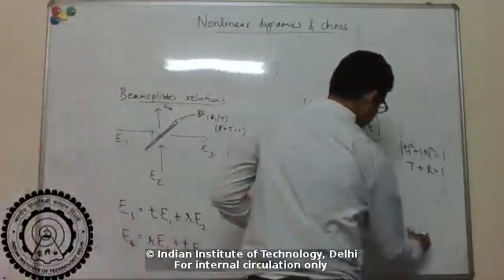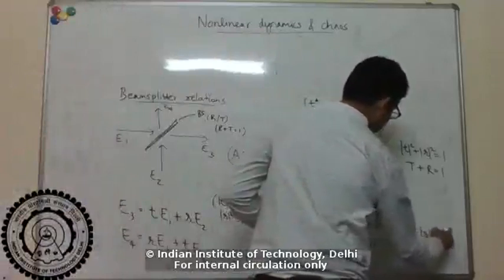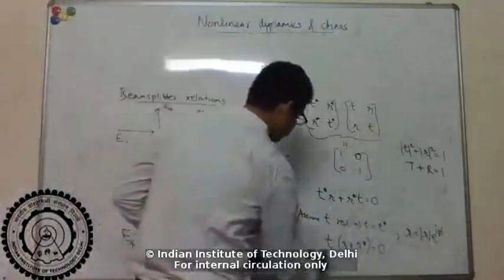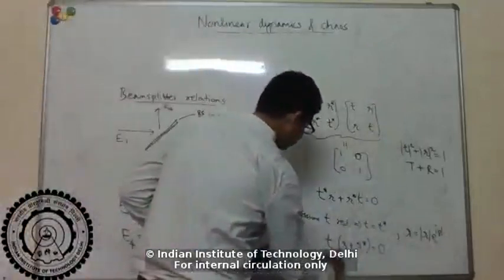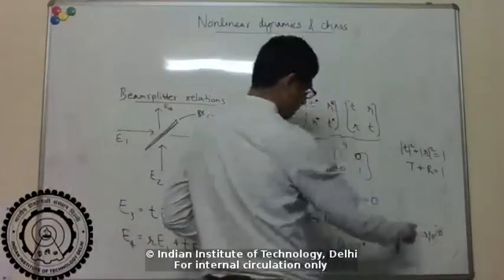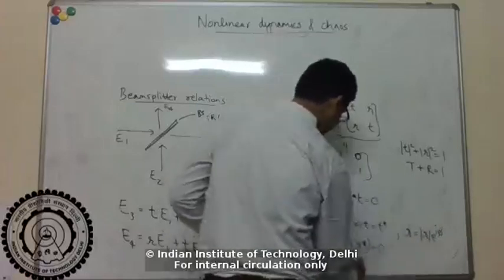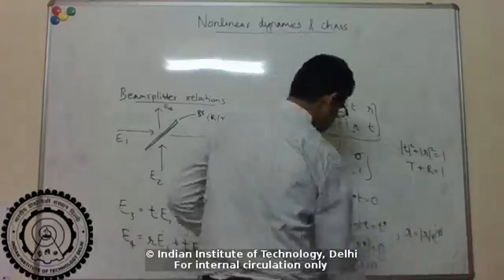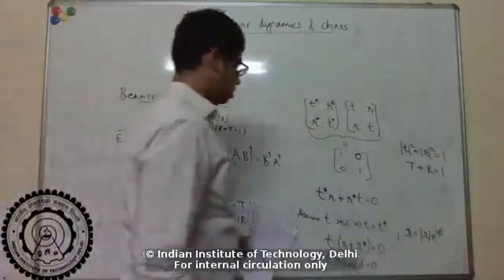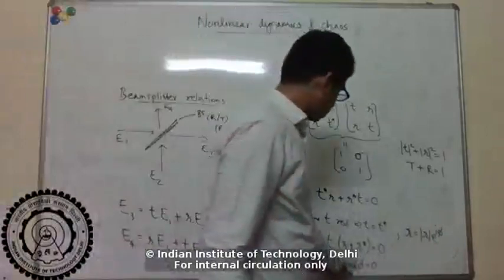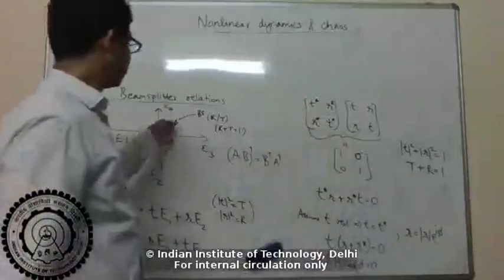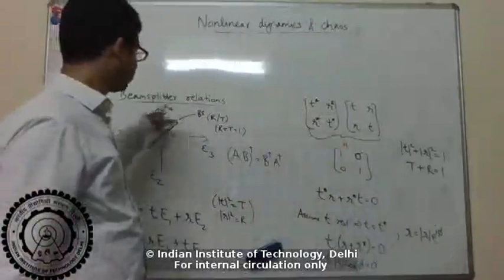Right? And let me write R as mod of R times some e to the I phase. So then this will give me 2 times T times mod of R, and then e to the I phi plus e to the minus I phi, which will give me cosine phi equal to 0. So T and R of course can't be 0, otherwise it won't be a beam splitter. Both of them have to be non-zero.